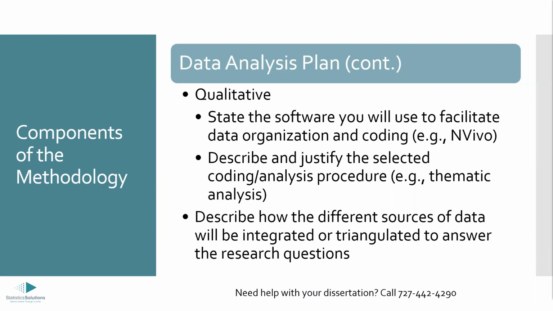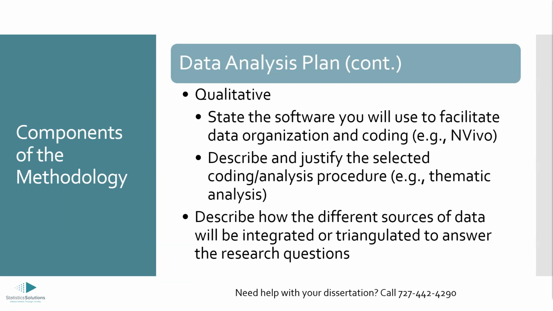And then importantly, you'll want to describe how the different sources of data, so the quantitative and the qualitative, will be integrated or triangulated to answer your research questions. Again, this will really vary depending on exactly how you're setting up your study. Going back to what we talked about in the research design, are you doing the qualitative part first and that's informing the quantitative, or maybe the opposite?